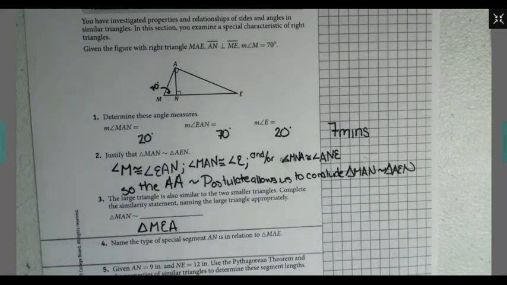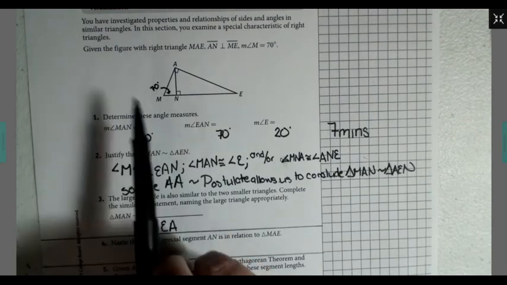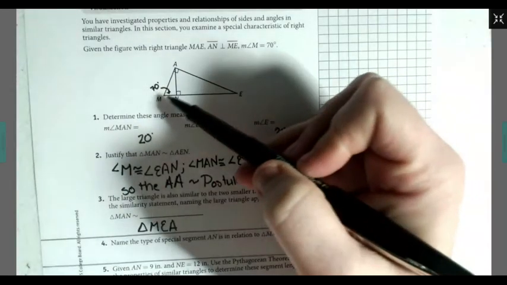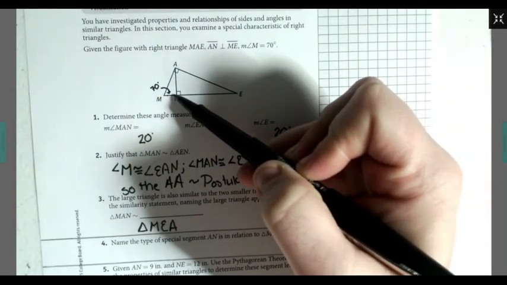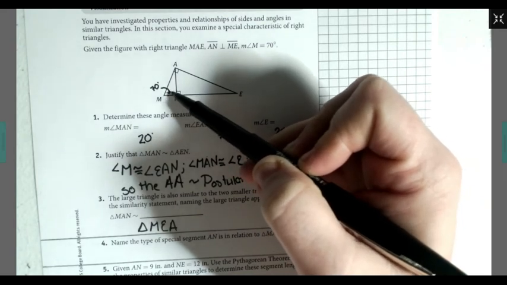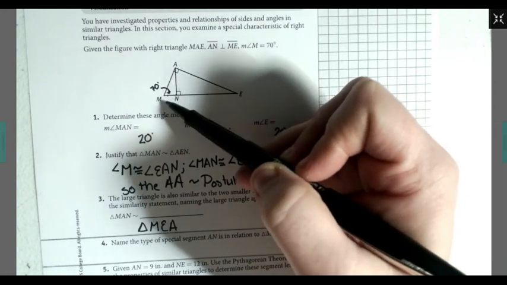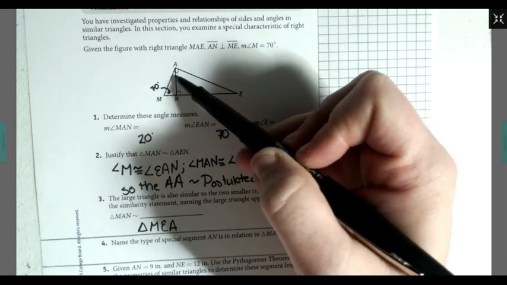If we take a look, I went ahead and marked the fact that we said that this was 70 degrees. Well, angle MAN, if this is 70, we know that this is 90. So that's 160 together, and we know a total of 180 in a triangle, so that would make this 20.